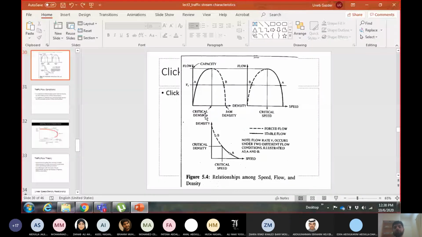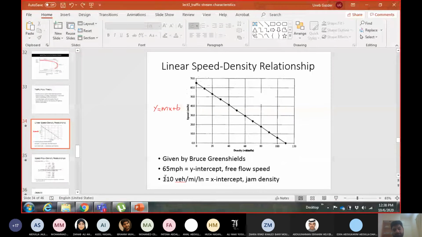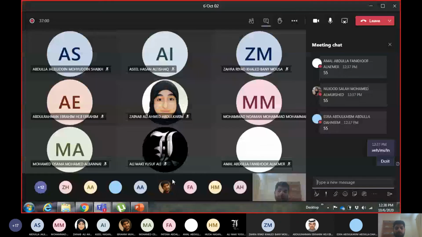How much was the jam density? 110. Critical density 55, jam density 110. Can you see the relationship between them? So jam density is equal to twice the critical density, right?